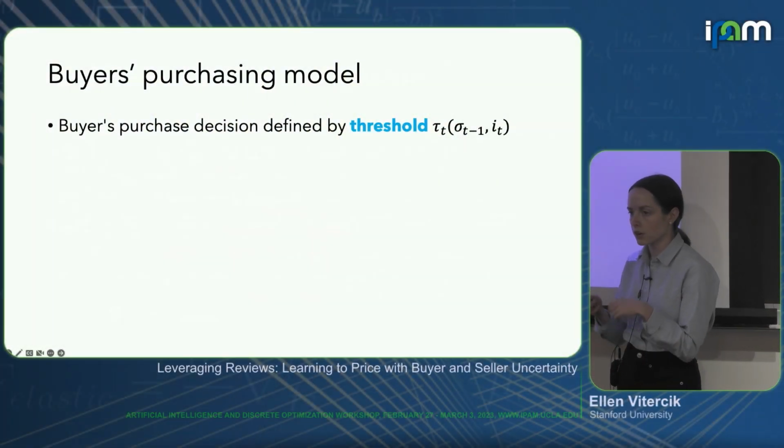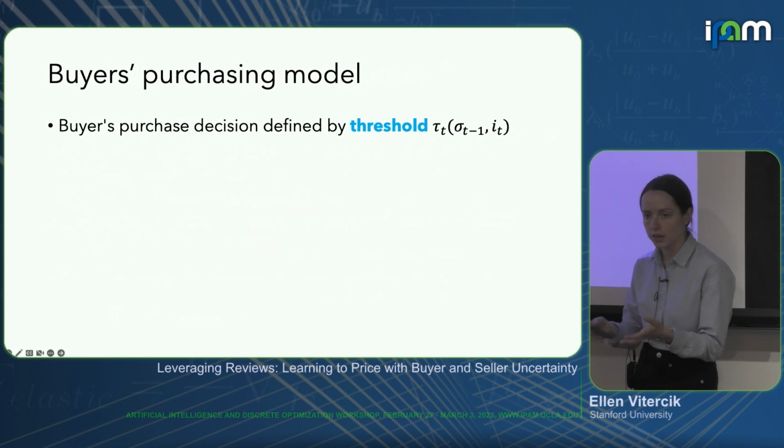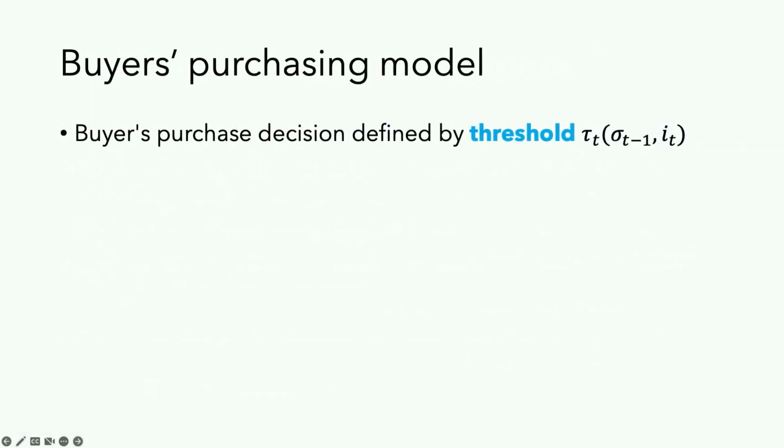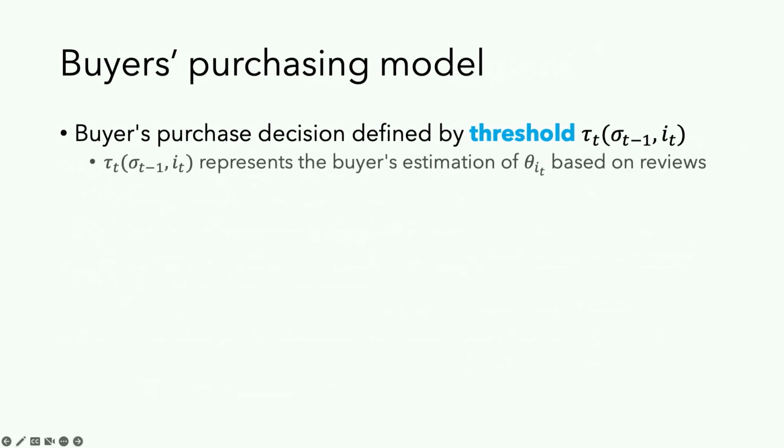Okay, so a little bit more about the buyer's purchasing model. How do they decide whether or not to purchase the item based on the reviews? So we're going to say that the buyer's purchase decision is defined by some threshold. I'm going to call it tau_t at time t. And this threshold depends on the past reviews and the buyer's type at that round.